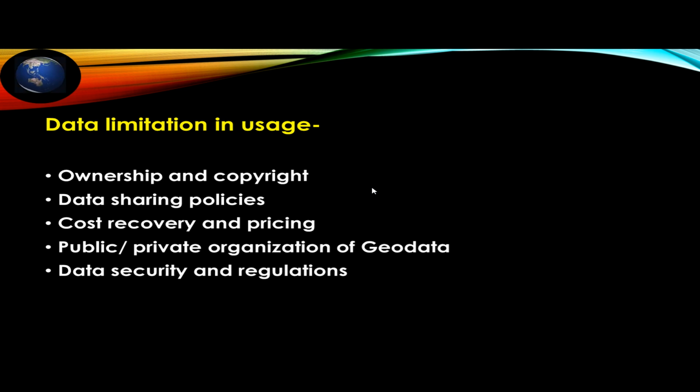Different satellite data are held by different websites, and they have the copyrights. It can be taken by students or academicians, or by researchers or industrialist or commercial people. So different websites or organizations have ownership, and they have the copyright to provide this data to the public domain.